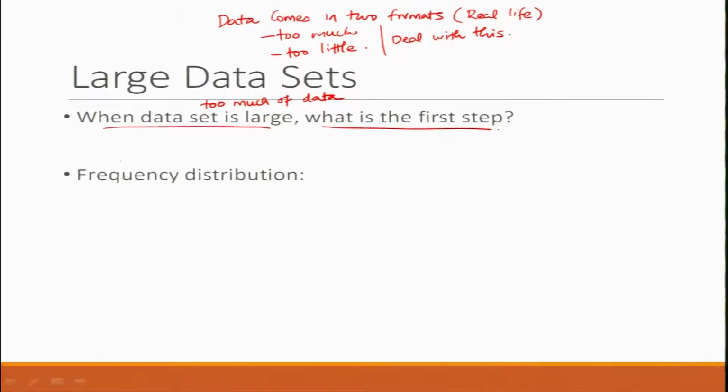One of the simple ways to do it is to reduce the data set by grouping the data to observe patterns. The idea here is that you group the data, and in the grouping process you will end up reducing the data set.